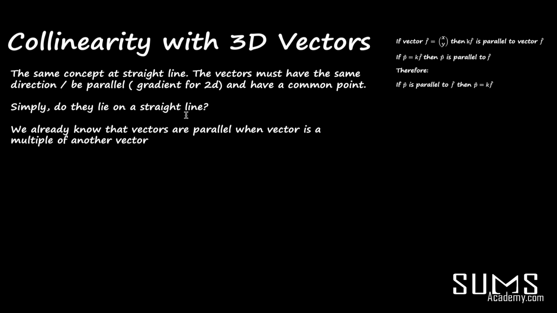And from our earlier lesson, we already know that we figure out if vectors are parallel by figuring out if one vector is a multiple of another one. And if that's true, then we know that they do run parallel.